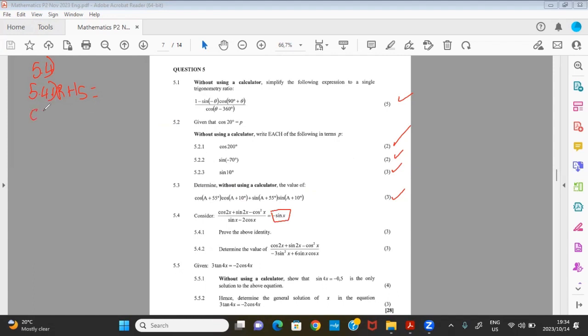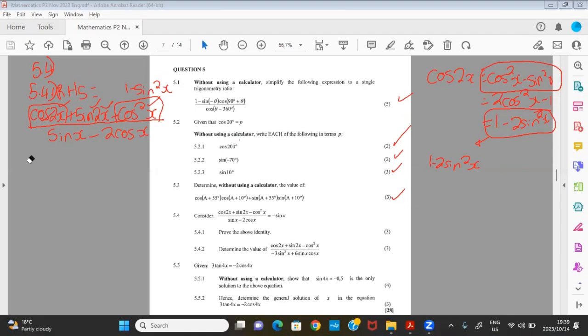Let me rewrite it: cos 2x plus sin 2x minus cos squared x, all over sin x minus 2 cos x.